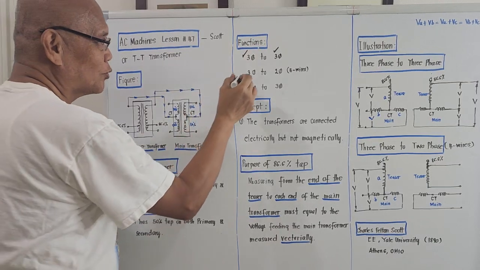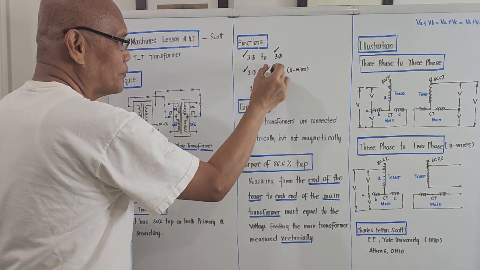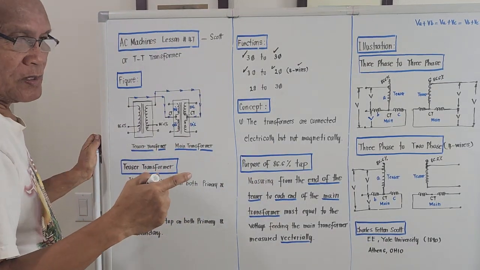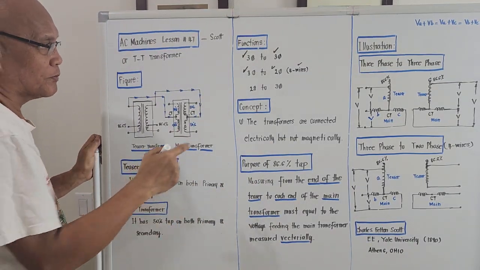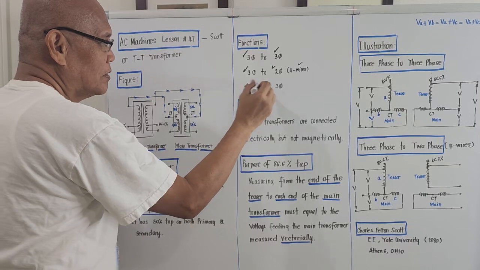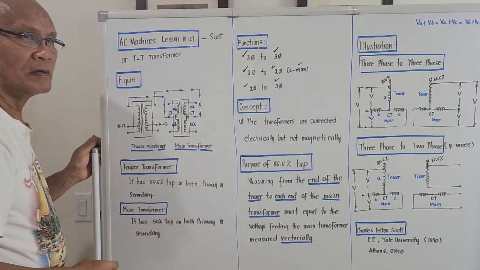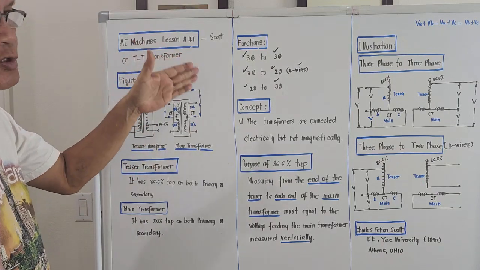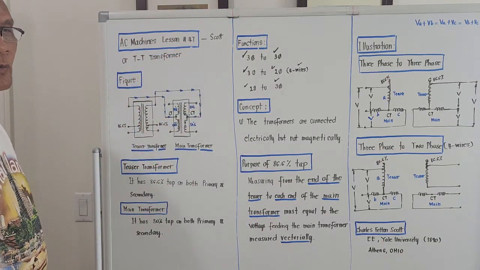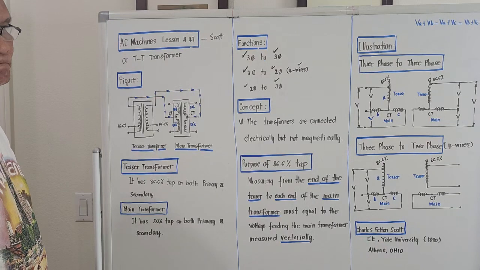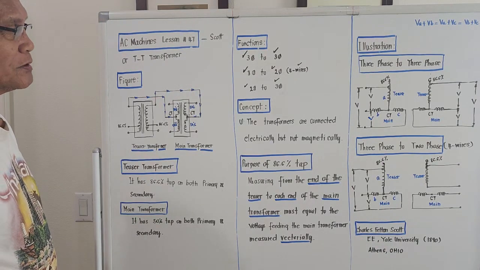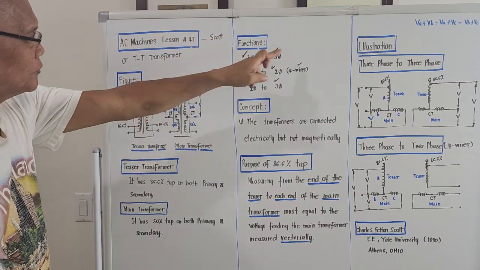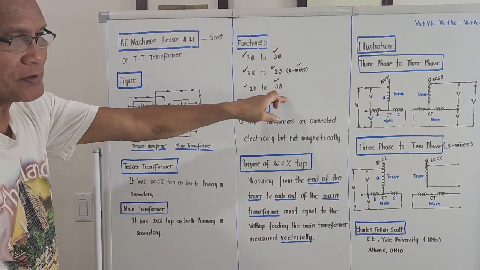Another variation is from three-phase to two-phase, four wires, and another application is the conversion from two-phase to three-phase. So the Scott or TT transformer connection has so many applications.